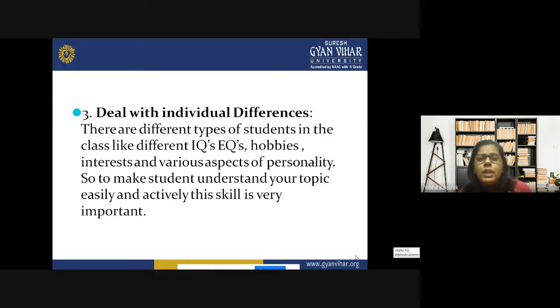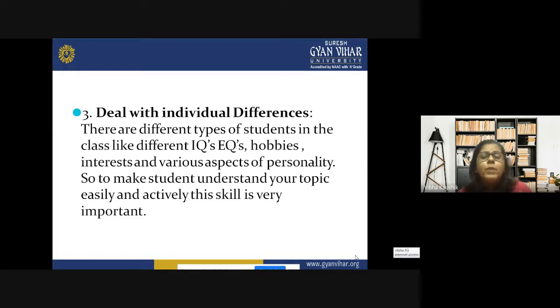So, two individuals cannot be the same. There are different types of students in the class, with different IQ, EQ, hobbies, interests, and various aspects of personality. Various aspects of personality mean some will be ambivert, some extrovert, and some introvert.